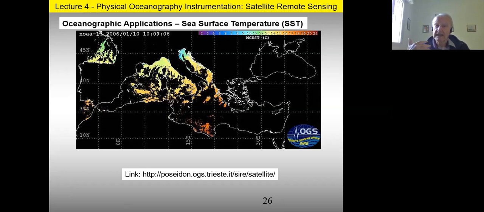So this introduces a certain bias into the statistical value of the sea surface temperature, because from the statistical point of view, the sea surface temperature in summer will be much more significant than in the winter time, because we will have many more situations of this type where the presence of clouds doesn't allow us to measure the sea surface temperature.